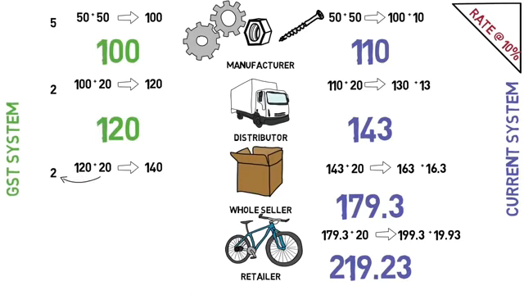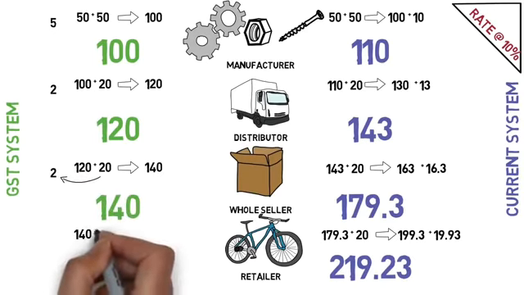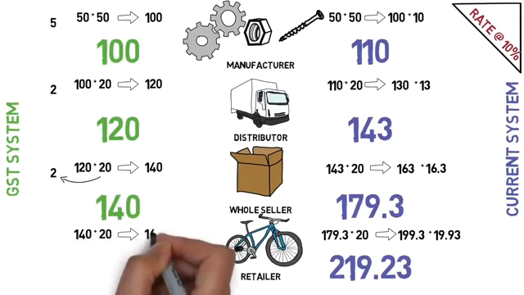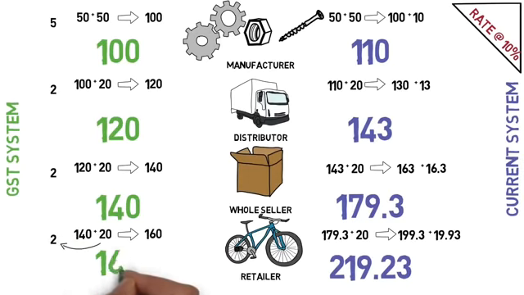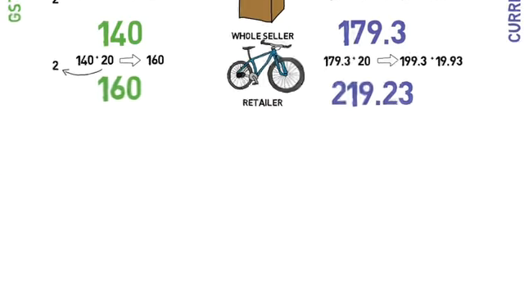The retailer buys the product for 140 rupees, adds a profit of 20 rupees, pays the tax of 2 rupees on his profit of 20 rupees and raises the final consumer price to 160 rupees. So, if the prices are compared, the product is 59.23 rupees cheaper in the GST system than the current system. Let's look at GST in detail.